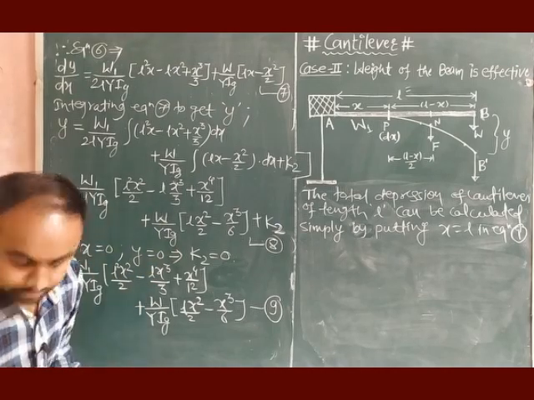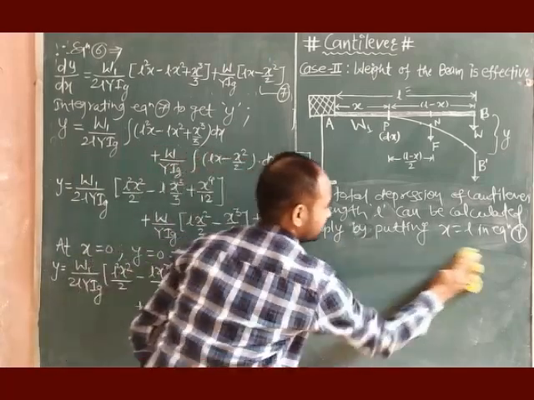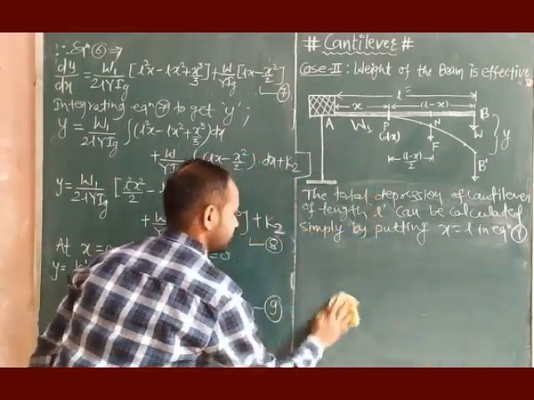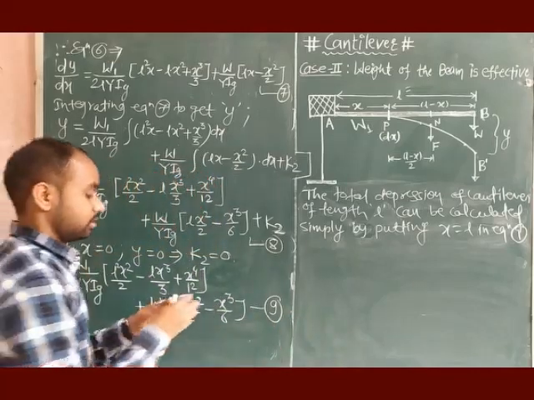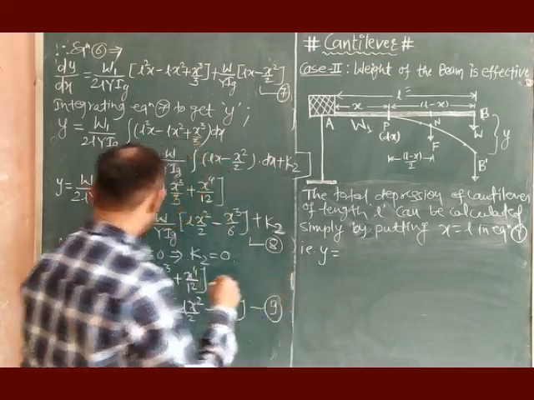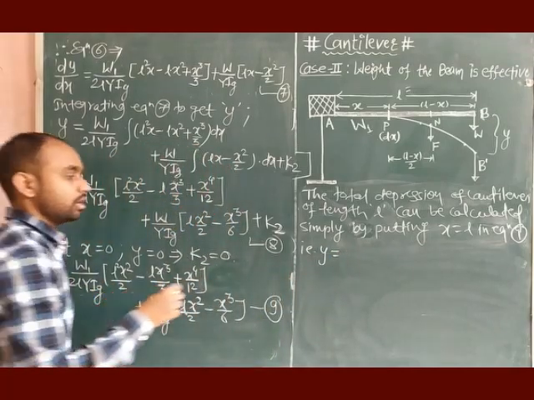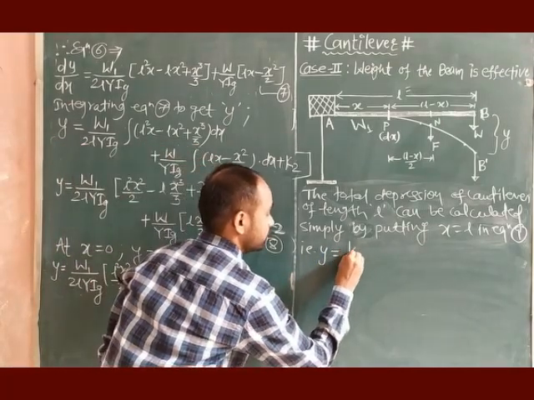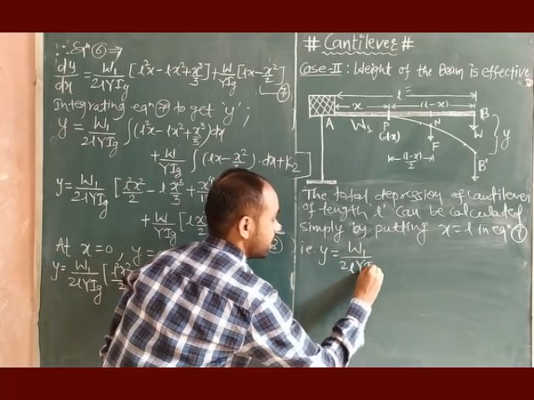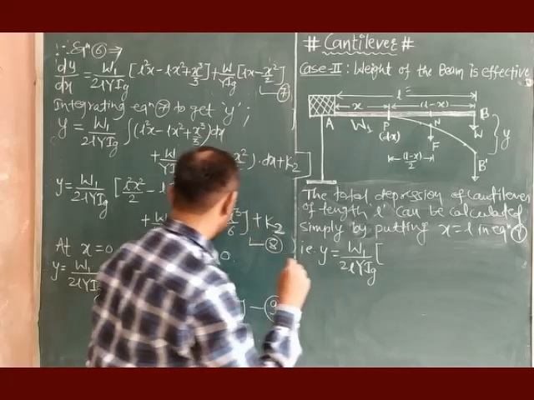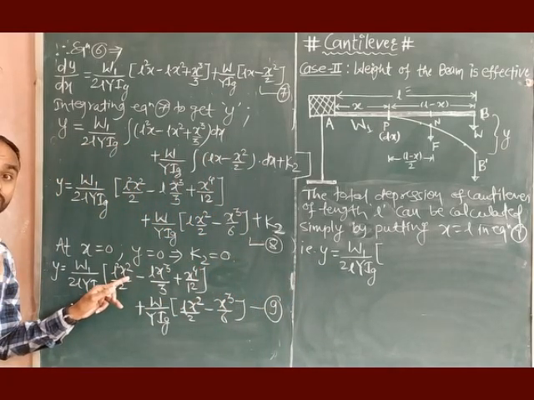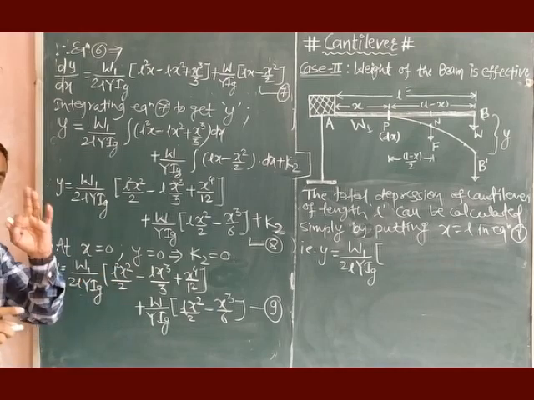that is, okay, let me move this first of all, that is y is equal to, what is that first term? W1 divided by 2L YIG in bracket L square x square, but x is nothing but L, so L square into L square, L power 4.